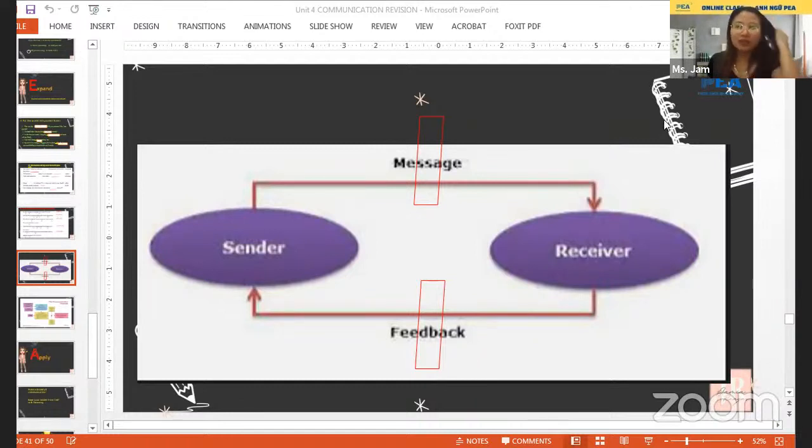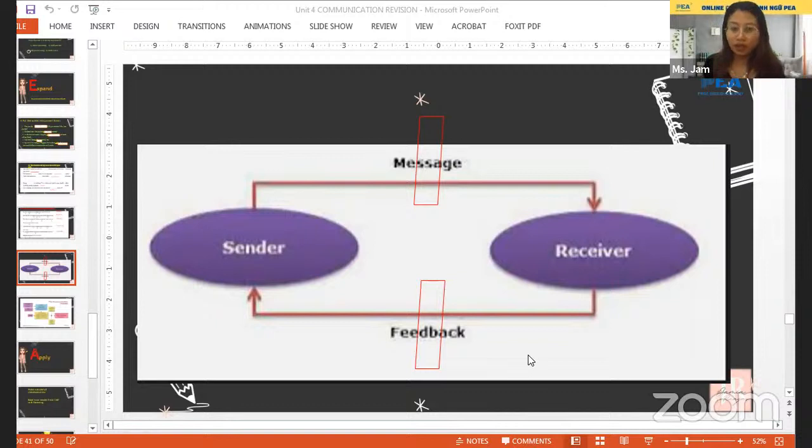Well, actually I have a question here. If we have misunderstanding, whose fault is it? Is it the sender or the receiver? I want to debate this one, so I'm going to break the room into two groups.